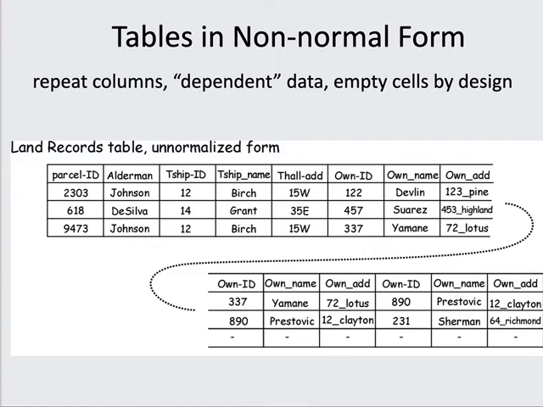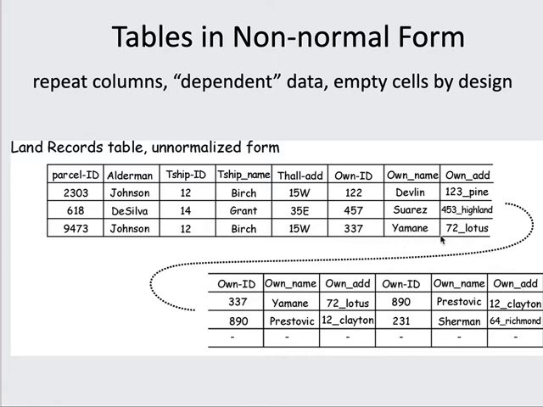Now, parcels can have multiple owners, so I might have 2, 3, 4, 5 owners for a parcel, and you'll see that in these repeat columns: owner ID, owner name, owner address, owner ID, owner name, owner address again. So we have owner ID 122, which is Devlin, who lives at 123 Pine, and that's for this parcel 2303. And we have owner ID 337, Yamani, at 72 Lotus. So we could have multiple owners. Some parcels just have one owner.